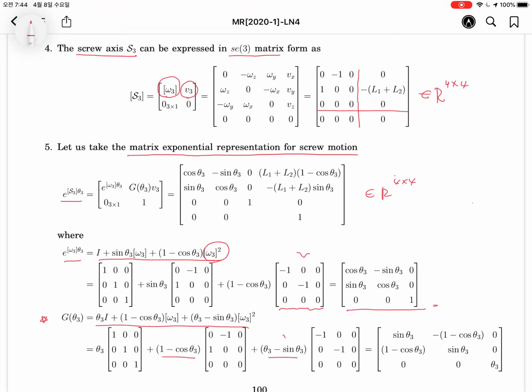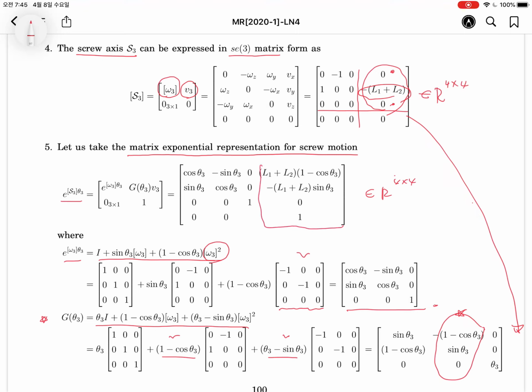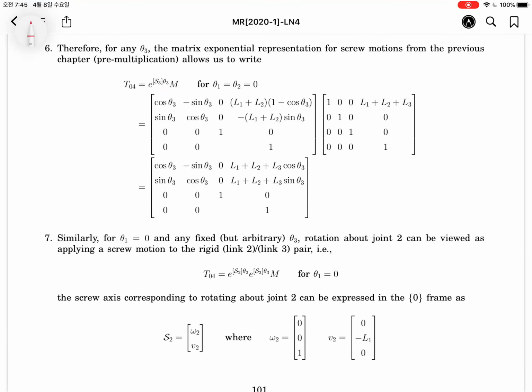So applying these parameters, we can get this matrix. Let's apply the v here. The x component is 0, the y component is 0, so the second column will appear with the multiplier, this one. So that will appear like this. So we can make the homogeneous transform from the matrix form of the screw axis.